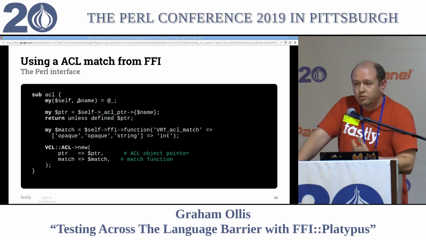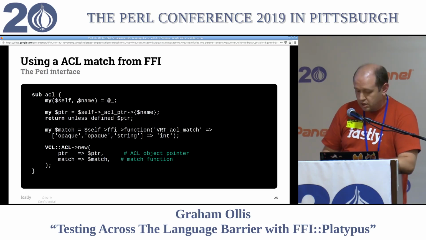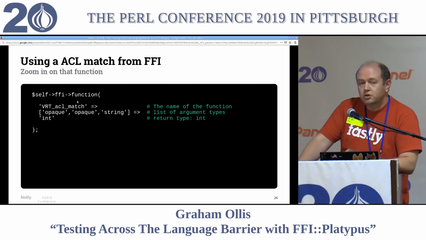And so now we kind of have the building blocks. We can call that function with our object from Perl. So this builds the ACL object in Perl. But the part that we're interested in, from an FFI perspective, is creating the wrapper around that function. So with Platypus, when you're writing a binding to a C function or another compiled language, you need three things.